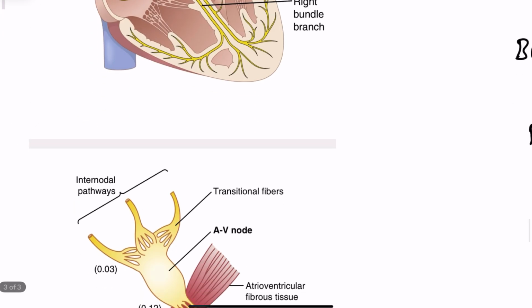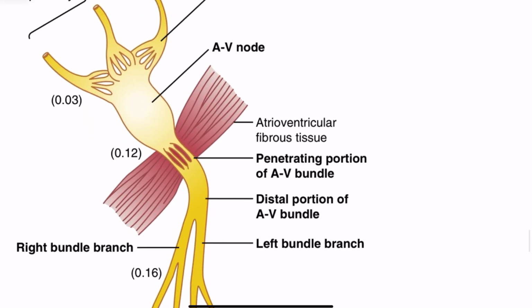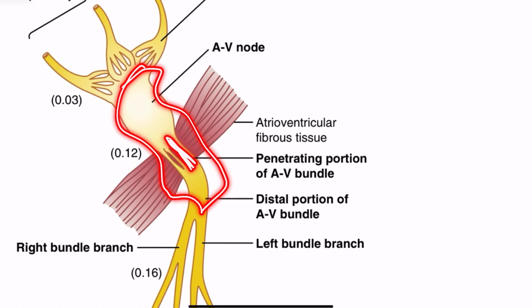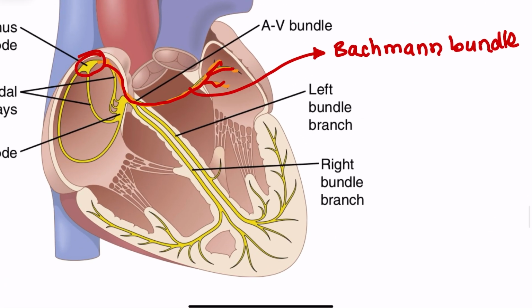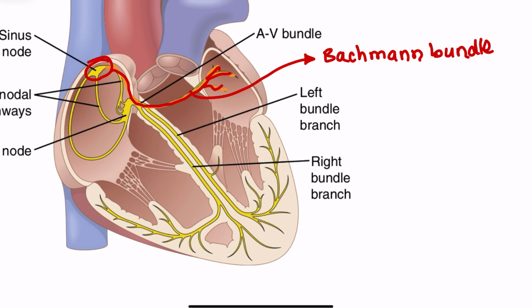We can appreciate it from this figure. This is the atrioventricular fibrous tissue, and this is the AV node, which is just penetrating this portion of the atrioventricular fibrous tissue for impulse conduction. So why is AV nodal delay necessary? Just assume that the SA node fires the impulse and the atria contract.